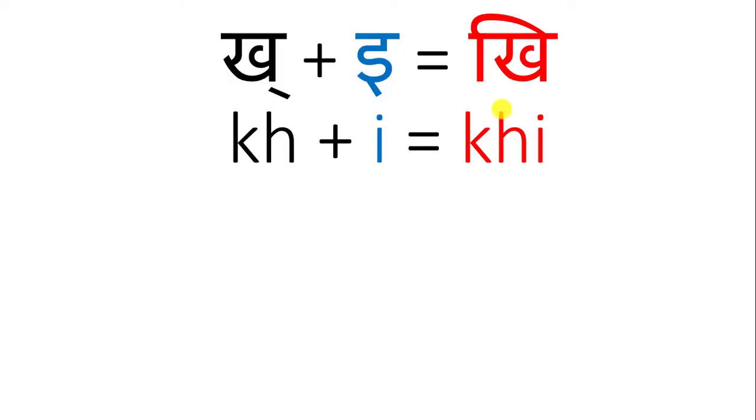Next is Ki. You get this sound Ki when you add K to short I. K plus I equals Ki.